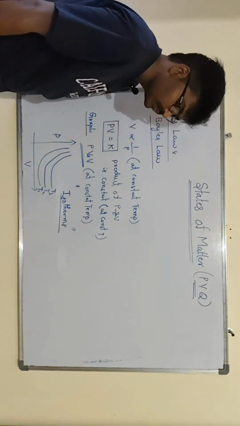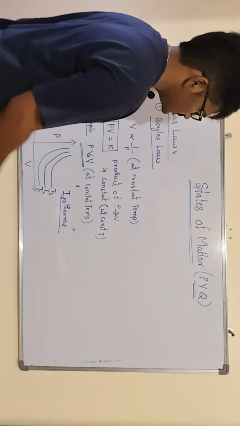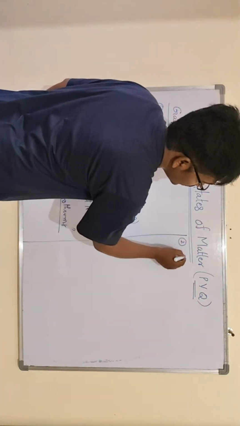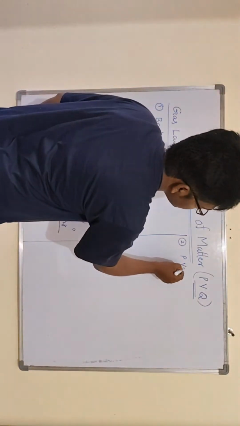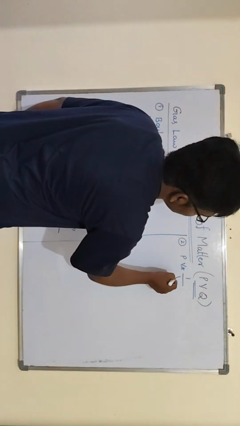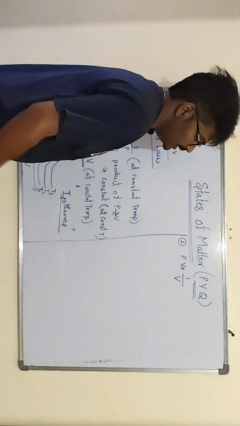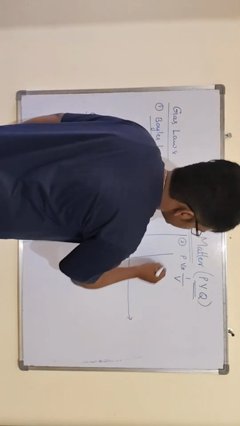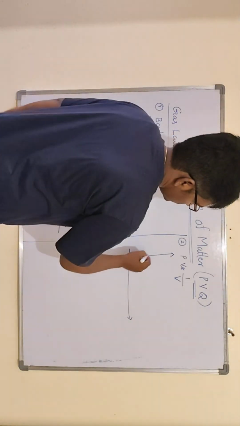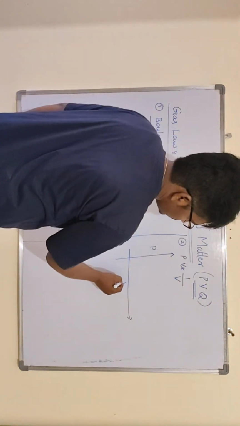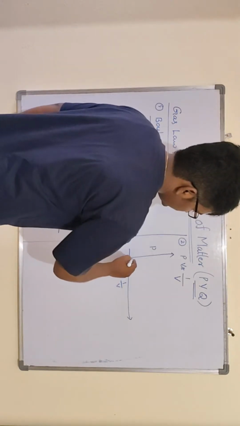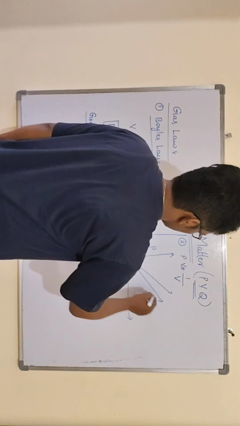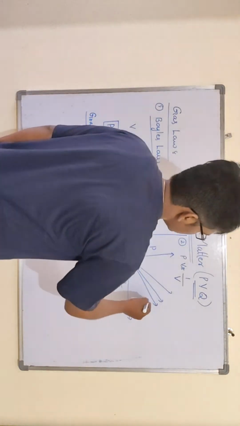The same graph between pressure versus 1 by V gives a straight line through the origin.